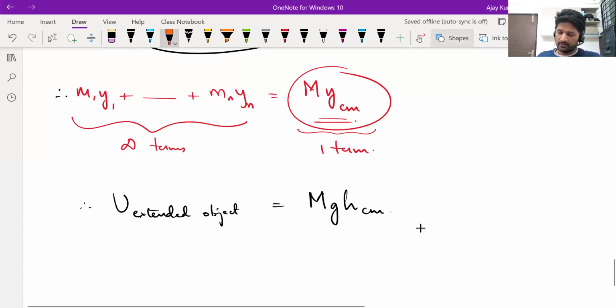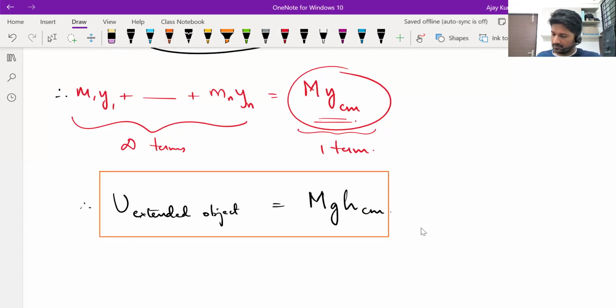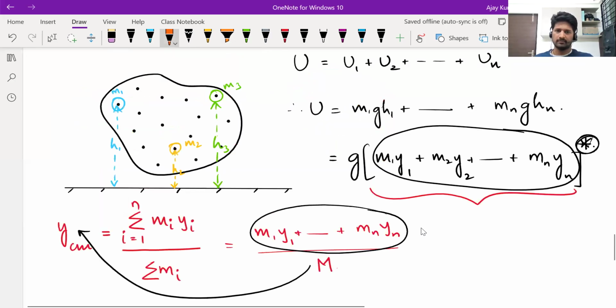This is another very useful application of center of mass. If you know where the center of mass of a system lies, you can easily tell its potential energy. Just take the height of center of mass, and this is the mathematical proof for it.